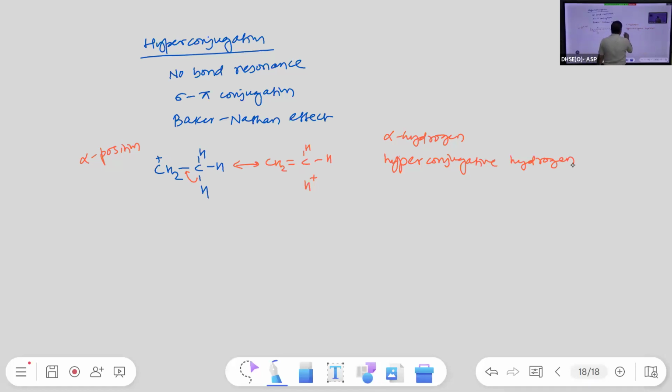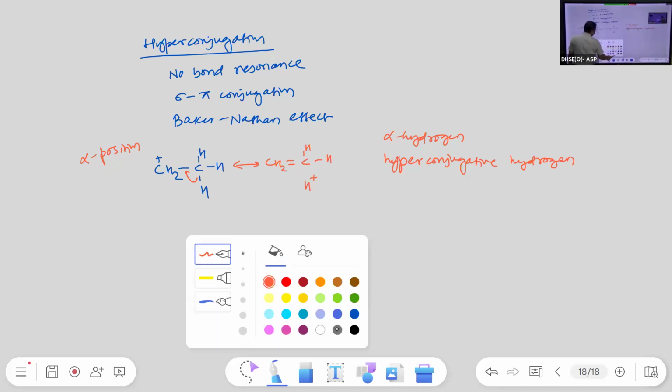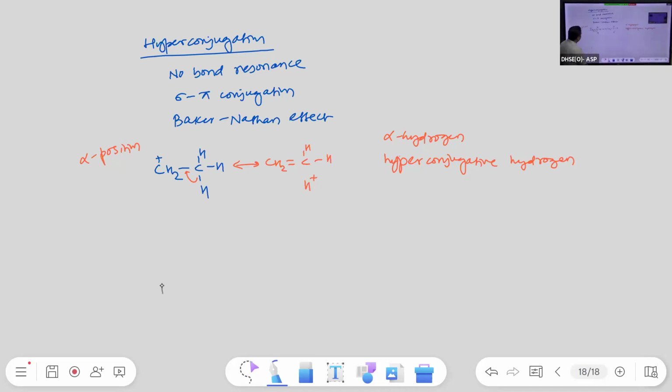Quickly write down: the more the number of hyperconjugative hydrogen, the more is the stability of carbocation, the more is the stability of free radical, and the more is the stability of alkene. All of you got this, students?